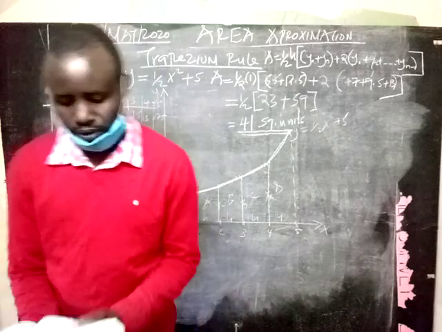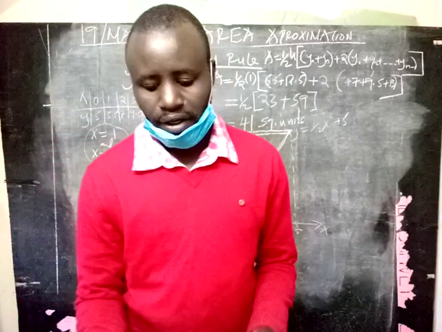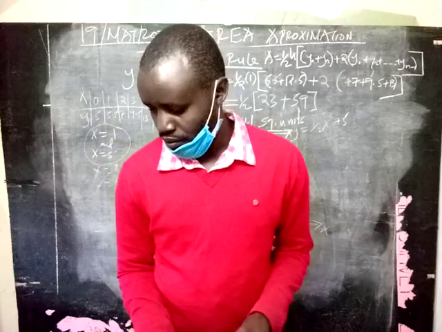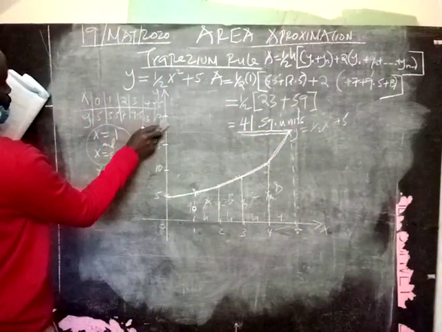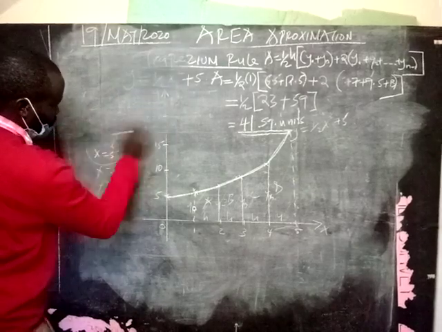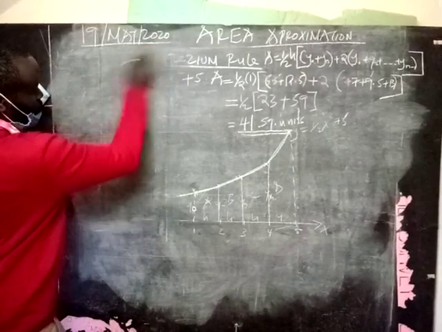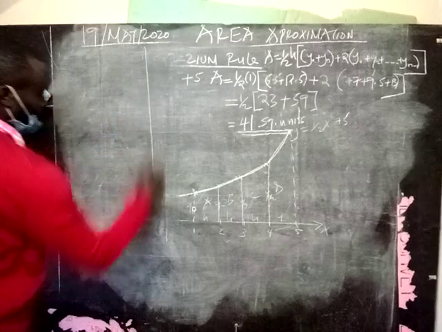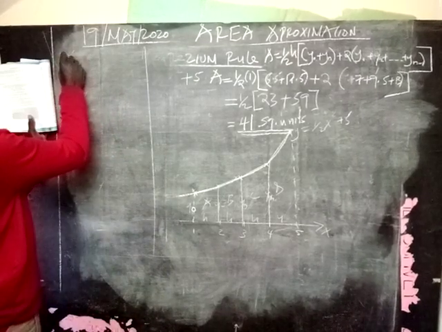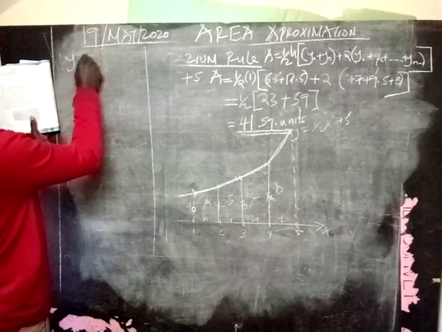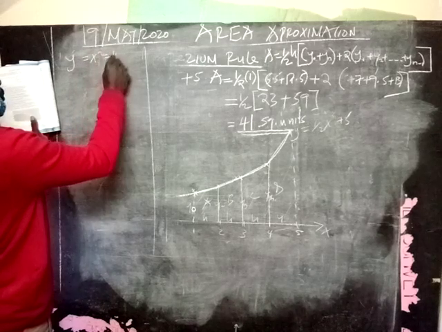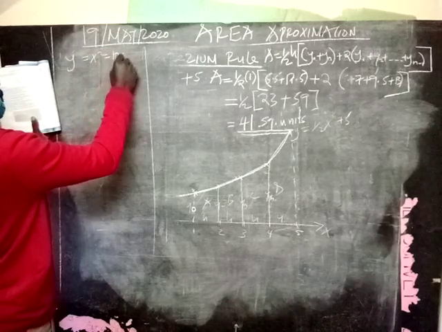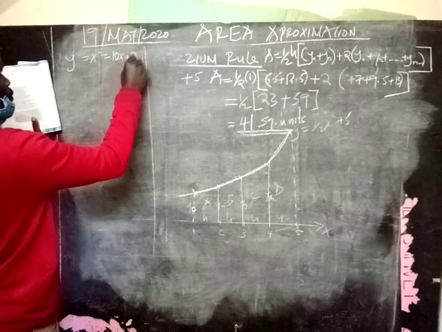So here is your question. Plot a graph of y equals x squared minus 10x plus 25.